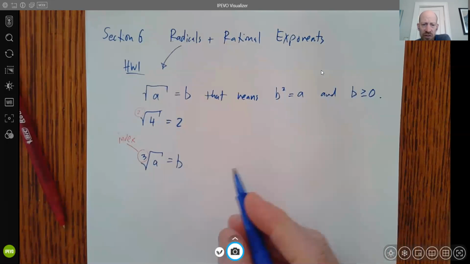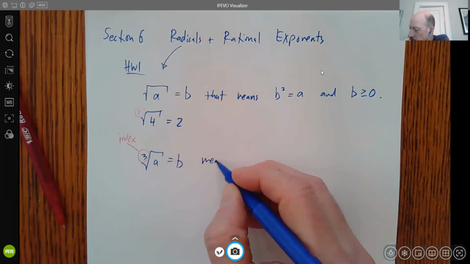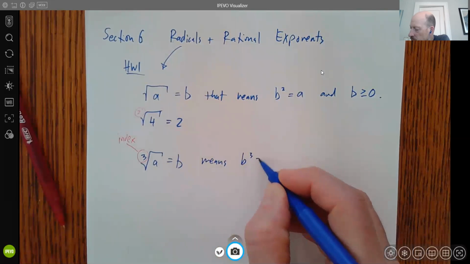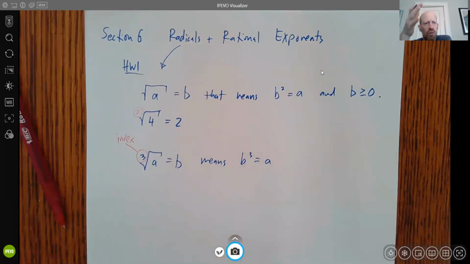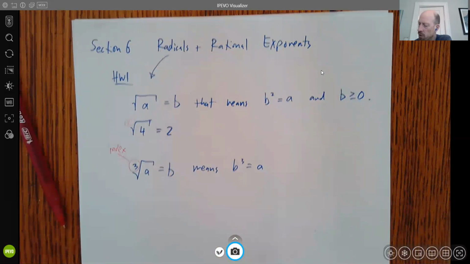And just like the other situation, the cube root of a is equal to b means that b cubed is equal to a. So the roots are defined in terms of exponents, like we like to do in math. We base new things off of things we already know. We know about exponents, so let's define these roots in terms of those exponents.